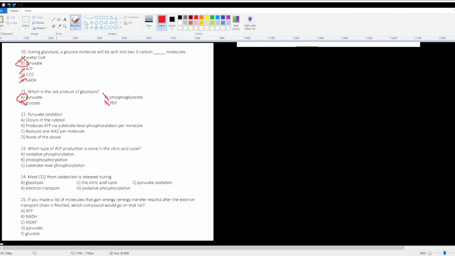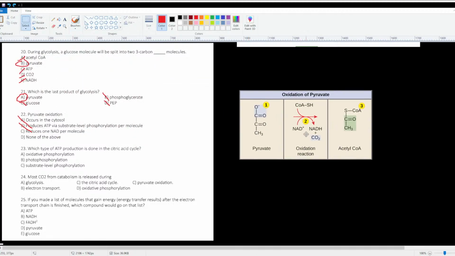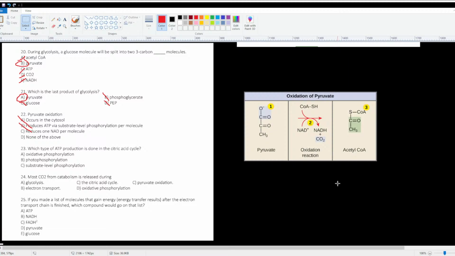So pyruvate oxidation reduces 1 NAD per molecule, produces ATP via substrate-level phosphorylation per molecule, occurs in the cytosol. This one's wrong. Let's look at pyruvate oxidation. Remember, glycolysis occurs in the cytosol, and pyruvate oxidation and the citric acid cycle occur in the mitochondrial matrix.